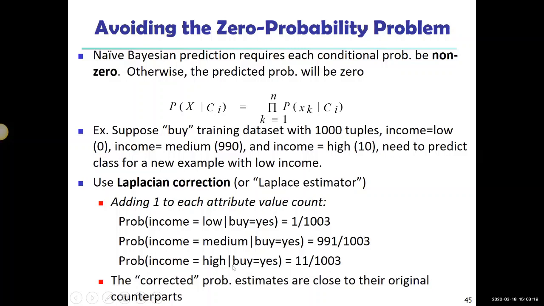But we make sure this scheme will give us all those 3 probabilities adding up together. See, this is the total buying probability, no matter what income is. This 3 adds up to be 1. So we still have a probability distribution.